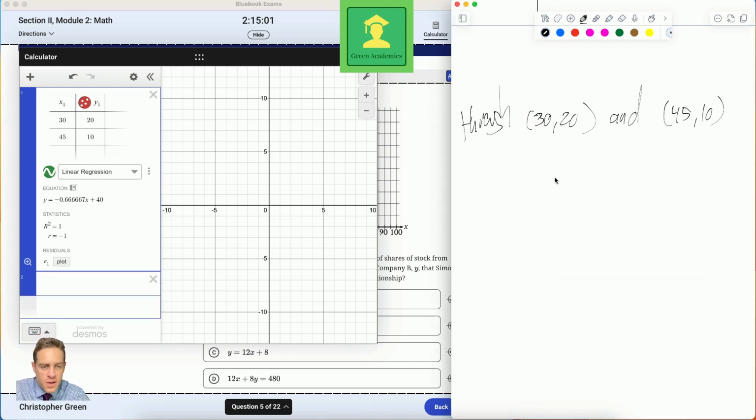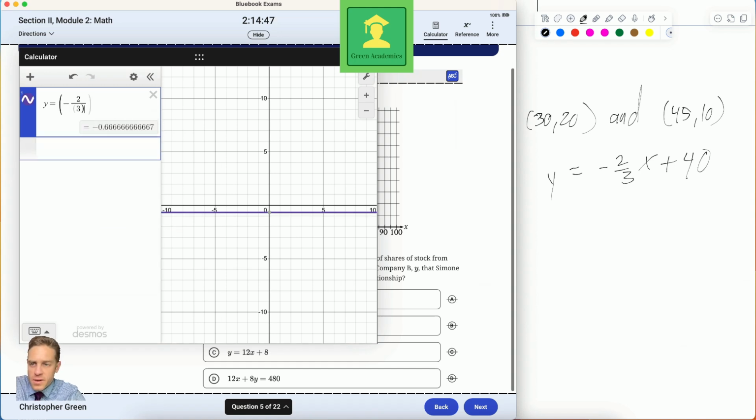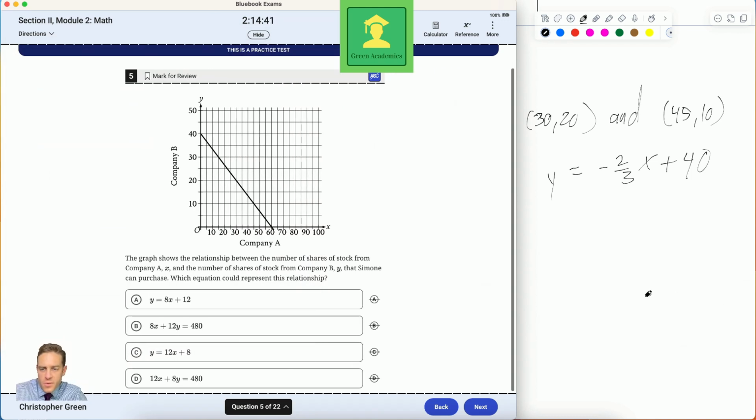So it tells you that you're talking about the line -2/3 x plus 40. And then if you really wanted to, you could recopy that as a function and plug in another value. I think that's not what's being asked right here, so I'm going to close this. So -2/3 x plus 40.